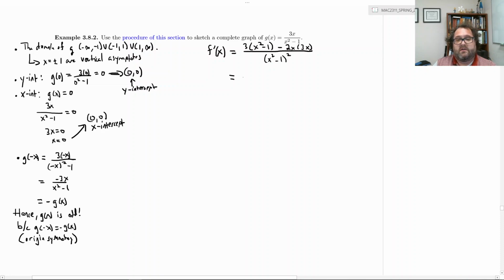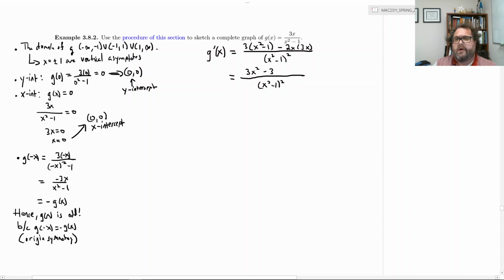Of course, we need to clean it up. And you know what? I called that f. It's g prime. So the denominator we know is (x squared minus 1) squared. Now the numerator, let's just distribute, so that's 3x squared minus 3.